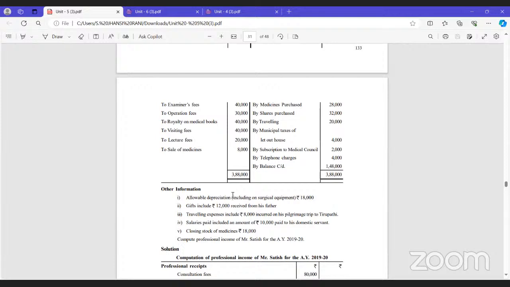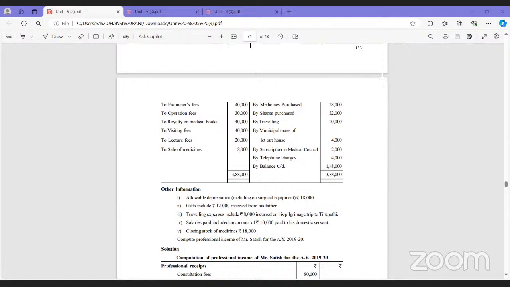And remember, whenever we are doing any income from salary, income from house property, or any income from business and profession, whenever you do any problem, you have to write a heading. This is mandatory. You have to write like this. I'll just show you.